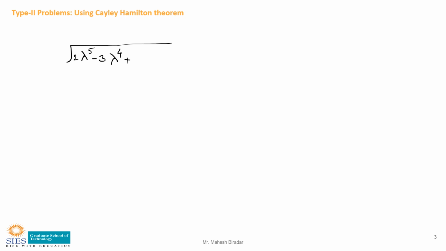Lambda cube is not there, but I will write 0 into lambda cube, plus lambda square minus 0 into lambda. The lambda term is also not there, but we will write coefficient 0, minus 4. So I'm going to divide this by the characteristic polynomial, which is lambda square minus 5 lambda plus 7.